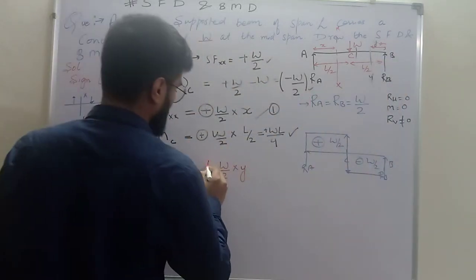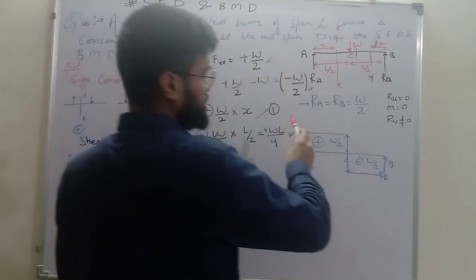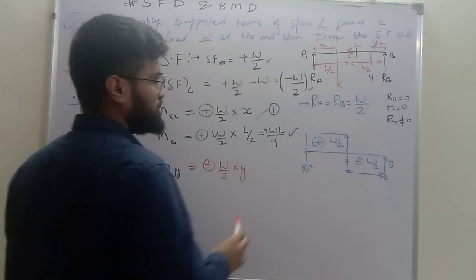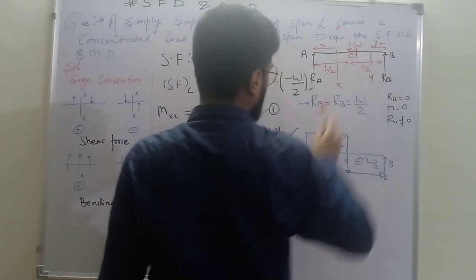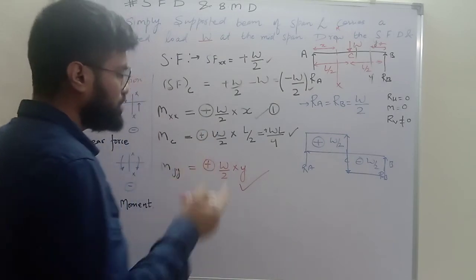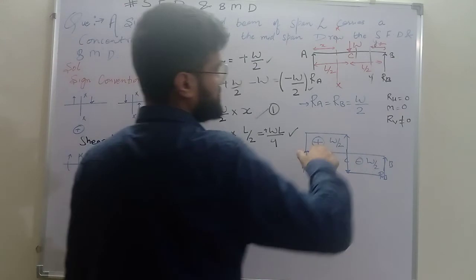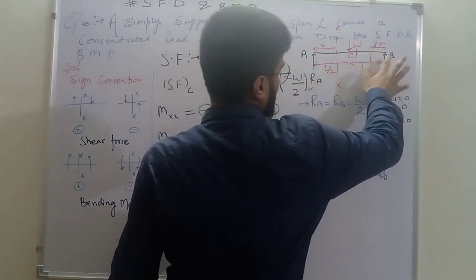So we will take it as positive. So the bending moment from point C to B, if we take a section at any point between C and B, can be given by this equation. WY by 2 is the bending moment equation which will give us the bending moment between point C and point B.